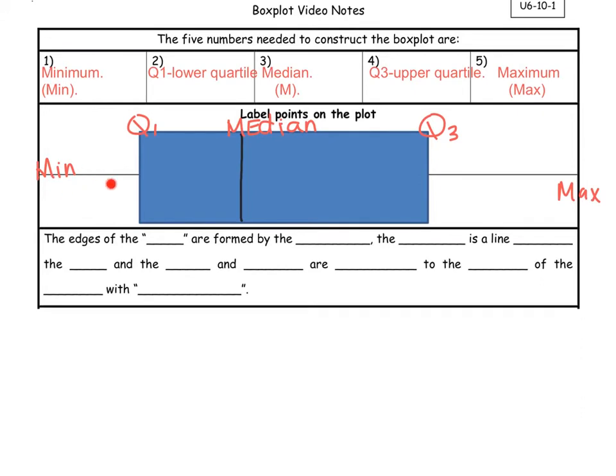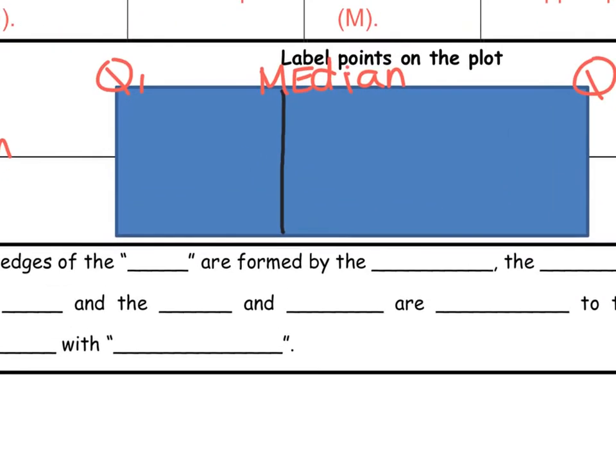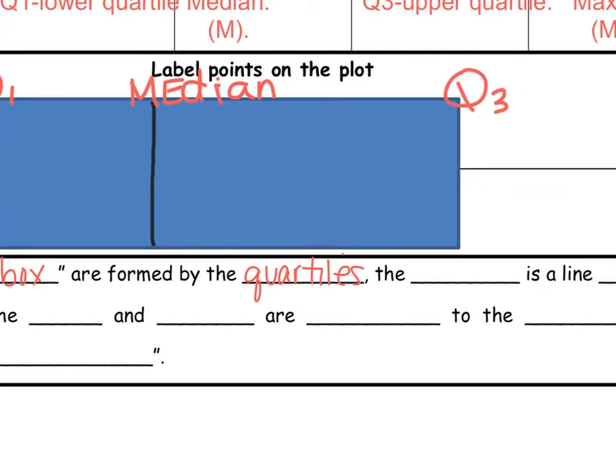So the edges of this box are formed by the quartiles, quartile 1 and quartile 3. The median is the line inside the box. That's the middle of the data.